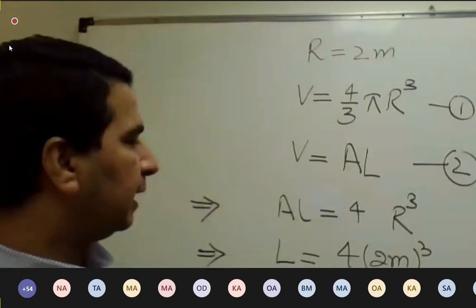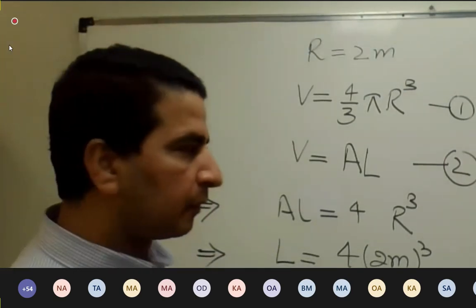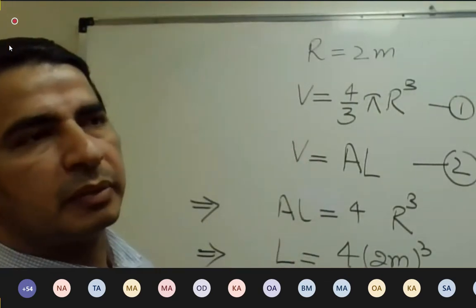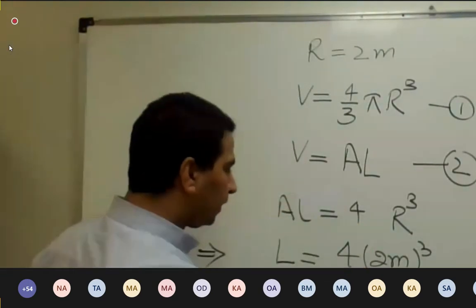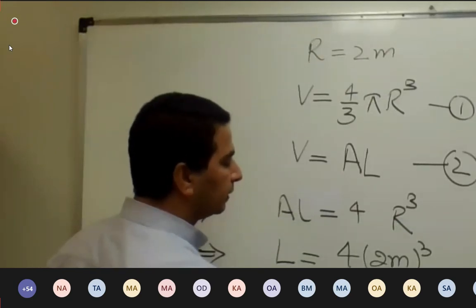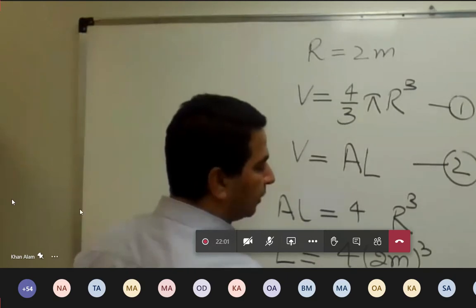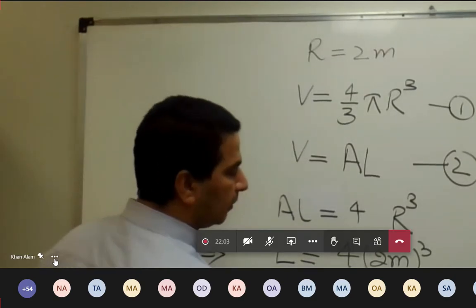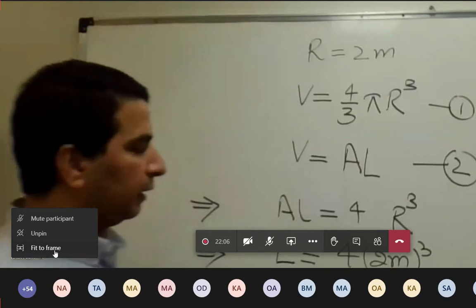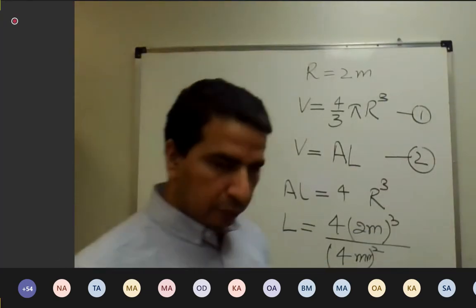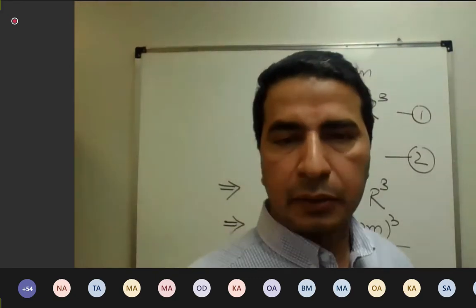But for now, I'm choosing 4. So when I choose 4 and I'm looking for the area of the square, it will be 4 times 4. So here I'm going to use it as a 4 millimeter square, because 4 times 4 gives me 16 millimeters square. And you know that here we have millimeter, so we need to convert this to meter, because it's a prefix.